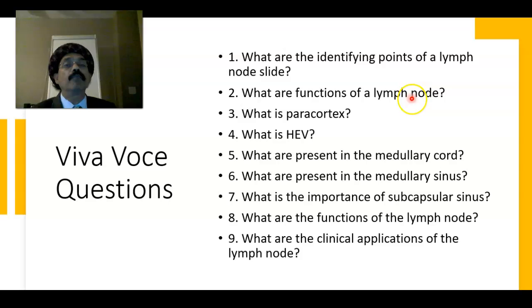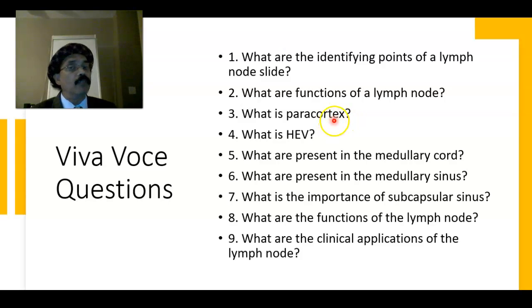What are the functions of the lymph node? It is for the filtration of the lymph. Plus, it produces B lymphocytes. From these B lymphocytes, we get the plasma cell and the antibody. What is the paracortex? The paracortex surrounds the lymphatic nodule and contains mostly T lymphocytes or T helper cells.